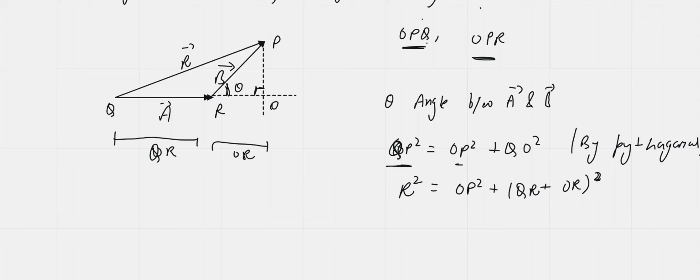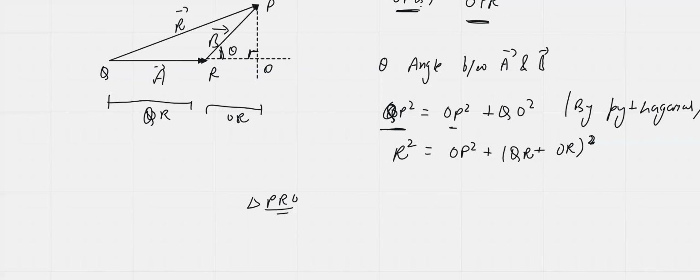For this, I will be going for the smaller triangle. So let's go for triangle PRO. If you go into this, you will notice that again this is making a Pythagoras theorem, right? Let's not take the Pythagoras. I will say cos theta.